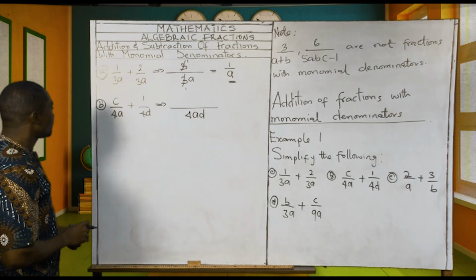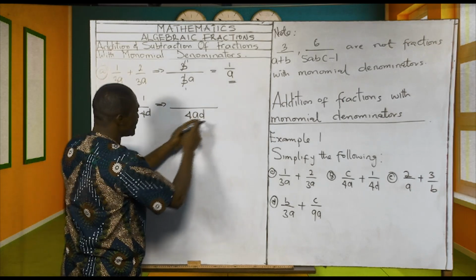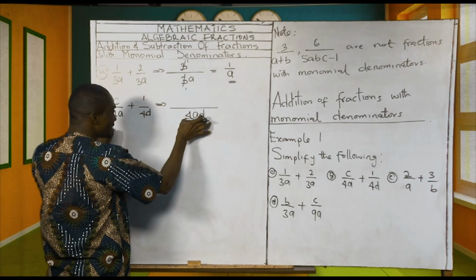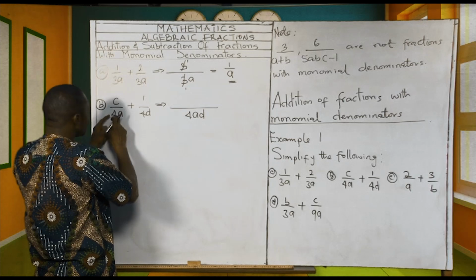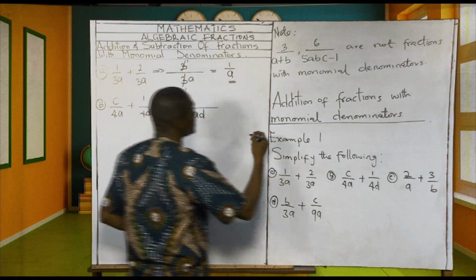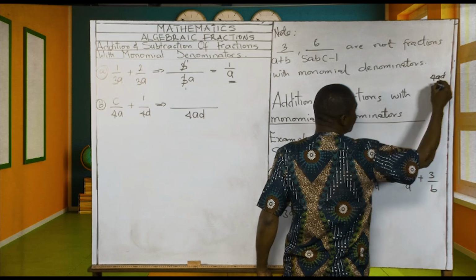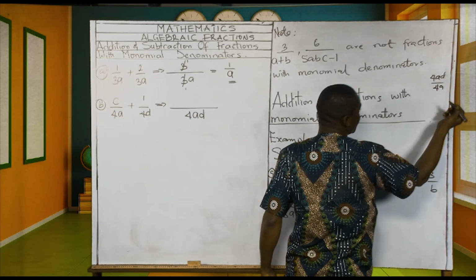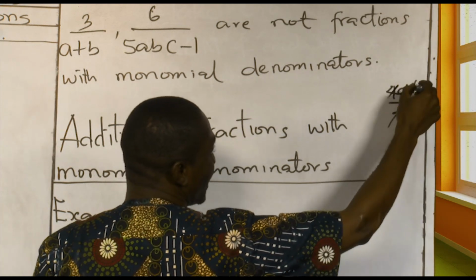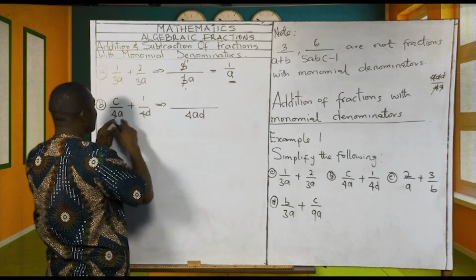Now you divide the LCM by the first denominator: 4ad divided by 4a, what will it give us? 4ad over 4a, we cancel the 4, we cancel the a, we have d.